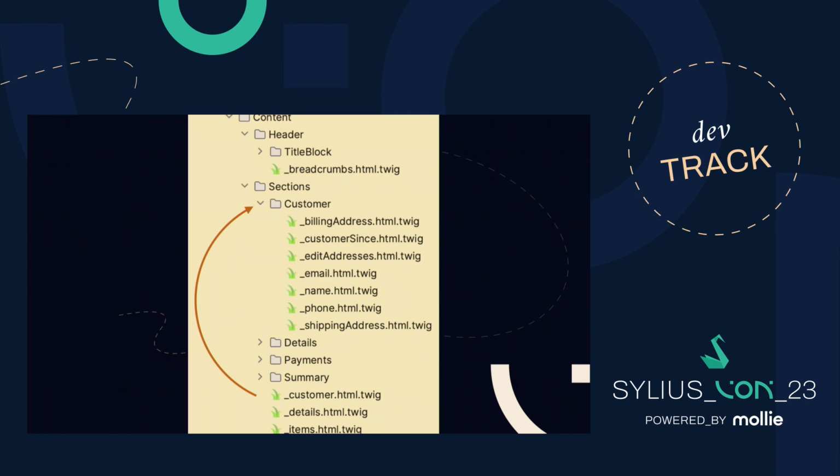So if we find some block, let's say in our DevTools, and we find it in our templates directory, we know that everything that exists in this customer directory with the same name is what is rendered inside.